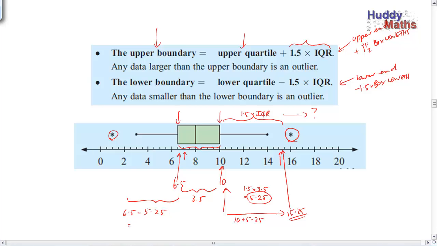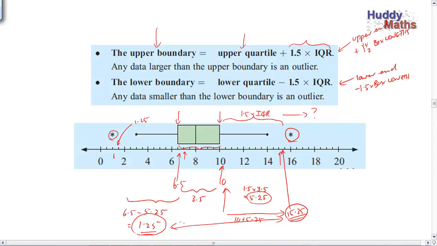So this goes right down to 1.25. Okay, so how far down here can you come? Well, this is 1, and it's in here, isn't it? 1.25, halfway there. So this one only just misses out, because it's 1, it's outside the lower boundary. So the boundaries for a data point to be considered part of the data set and not lying too far away are 1.25 to 15.25. Okay.